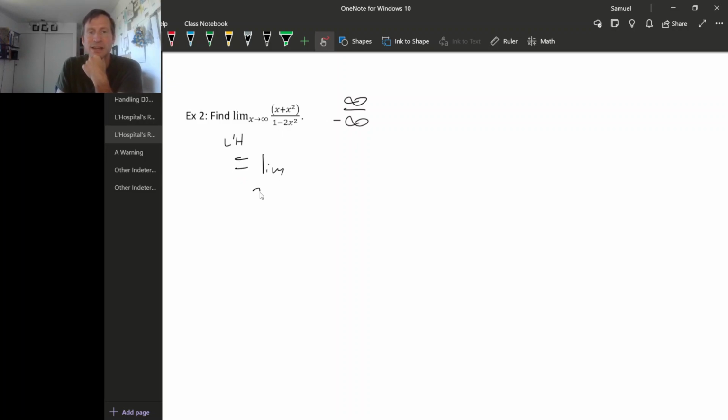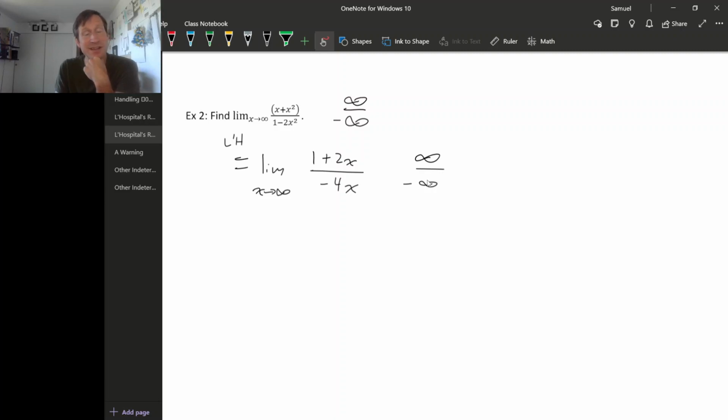We get the limit as x goes to infinity of, taking the derivative of the numerator, we get 1 plus 2x. And then taking the derivative of the denominator, we get minus 4x. All right, now if we try to take the limit as x goes to infinity, we again get infinity over minus infinity.